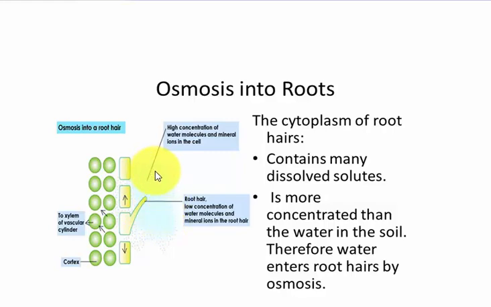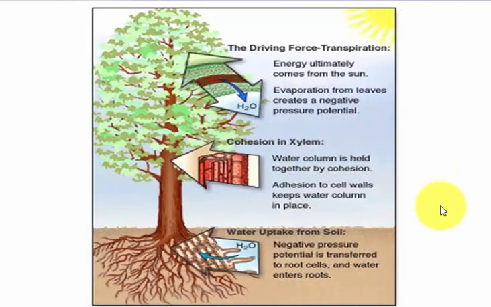Therefore, water enters root hair by osmosis. In the root, water passes through the epidermis, then the cortex, then it enters the xylem, which is the water-conducting tissue of plants.